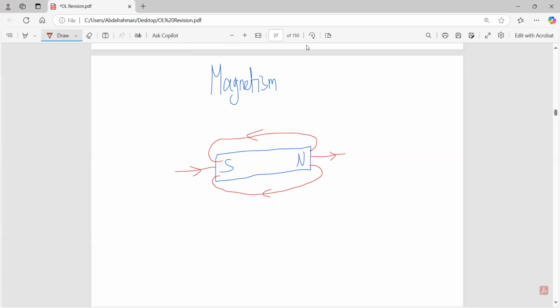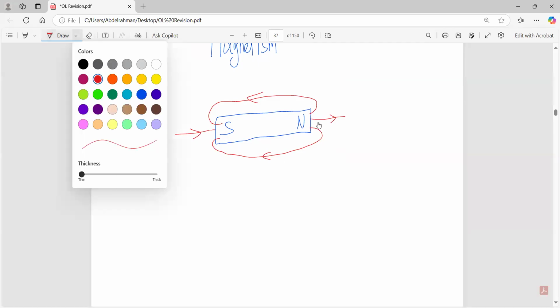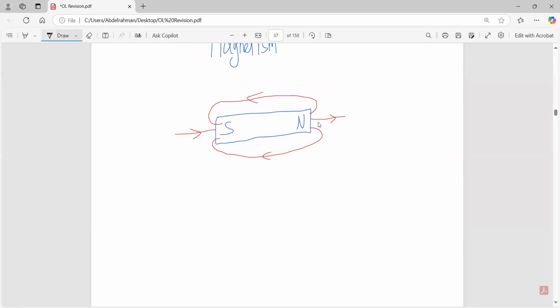How can we find the direction of this magnetic field? Or, in other terms, what is the direction of a magnetic field? There's a question on this usually in paper 4, sometimes in paper 2 as well. Let me define it.